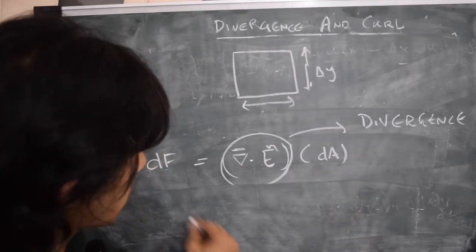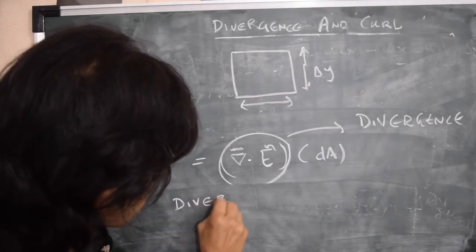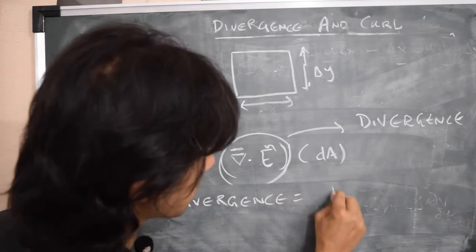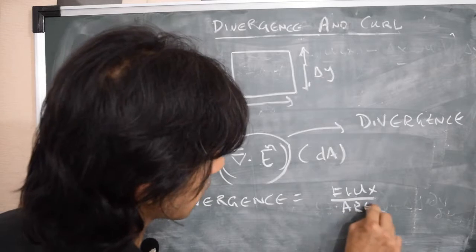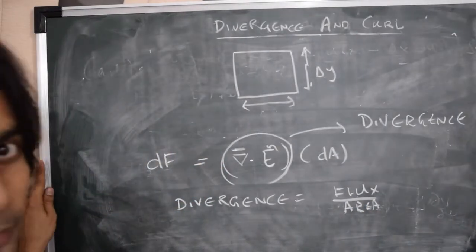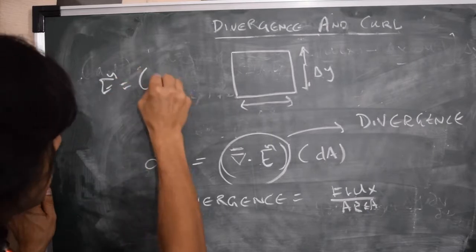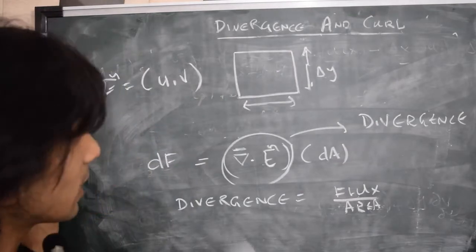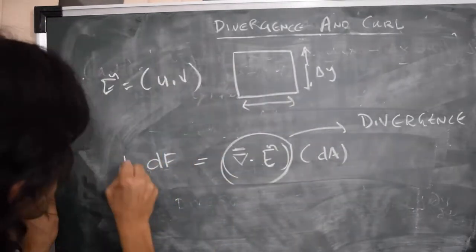Or to flip the definition around, we can define the divergence as the infinitesimal flux divided by area. Here, by E I just mean a vector field with components u comma v. So that's one of the results of this particular video.